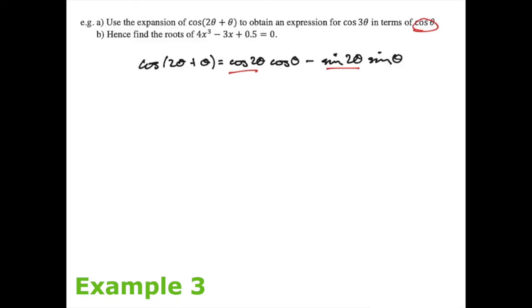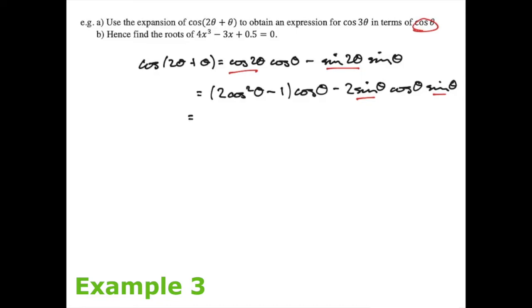So this will be 2 cos squared theta minus 1 cos theta minus 2 sine theta cos theta sine theta. Now sine theta times sine theta is sine squared theta, so that is going to become 1 minus cos squared theta, which is my trig identity.